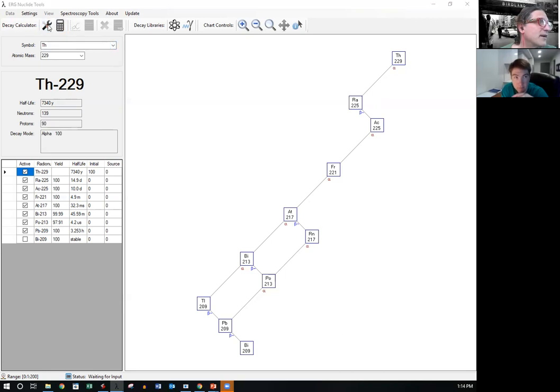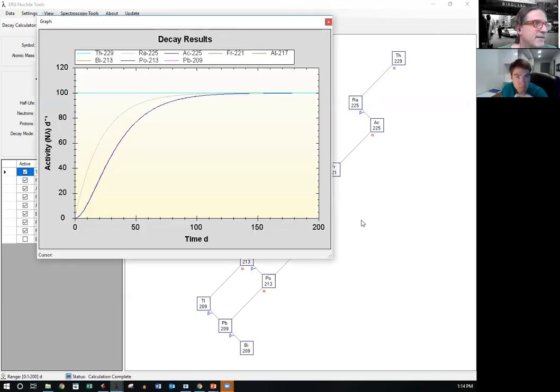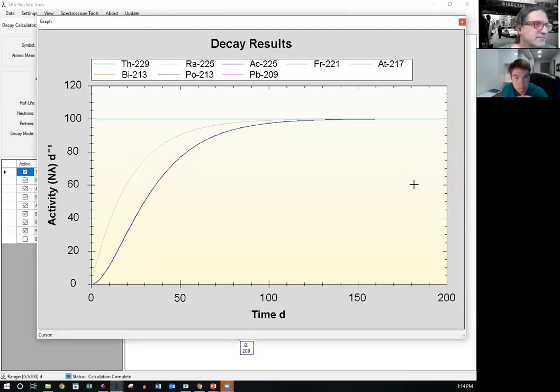So if we want to calculate the decay, I'm going to calculate it for 200 days and pull up the figure. And you see, after 150 days, all the activities of all these isotopes are pretty much the same.